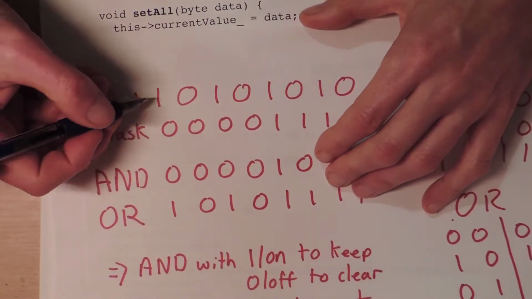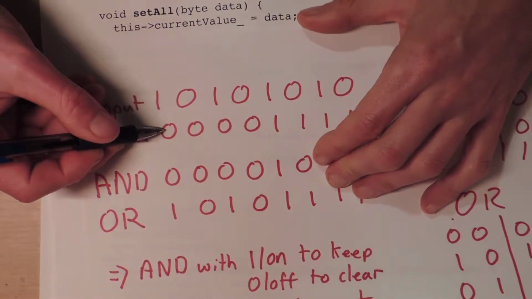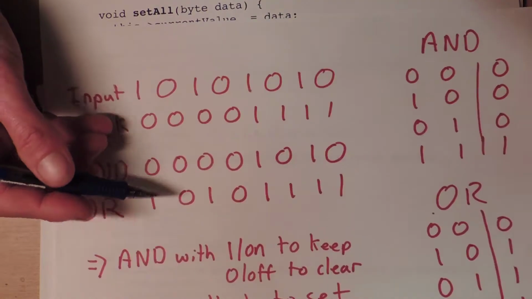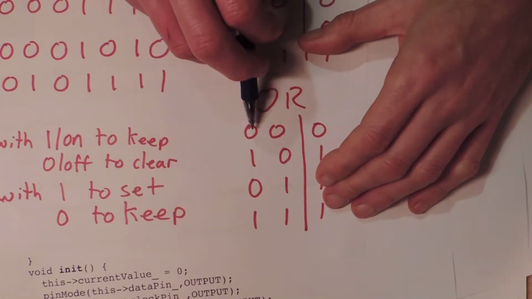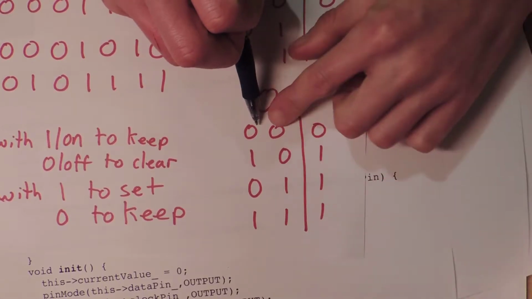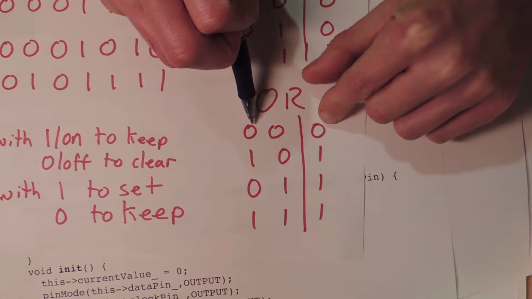So if you remember back from when I talked about that a while ago, I've got them down here. This is how the operation works out. If both of them are low, or 0, or false, then the answer is false.